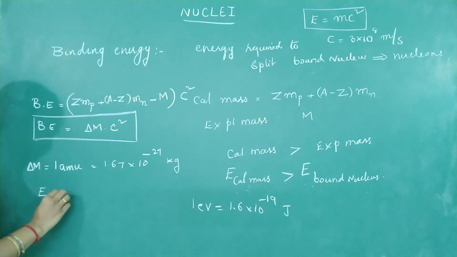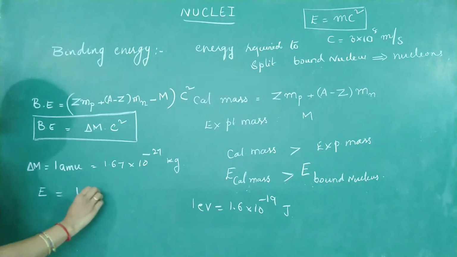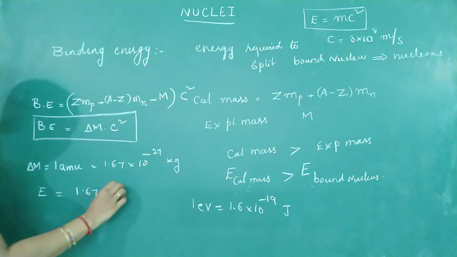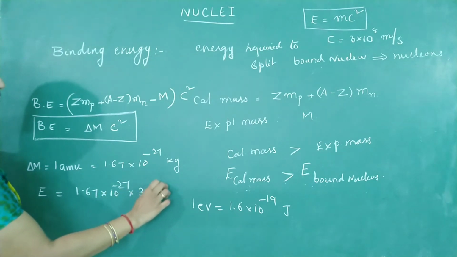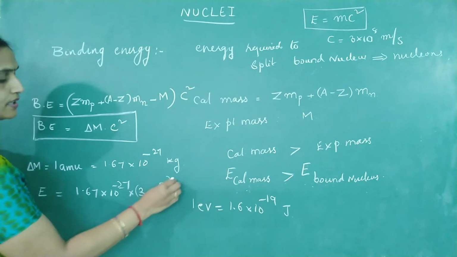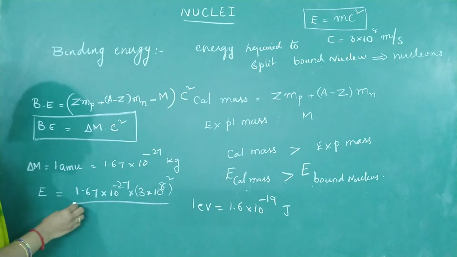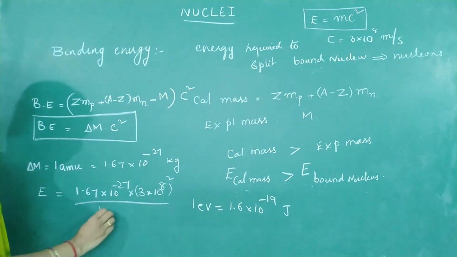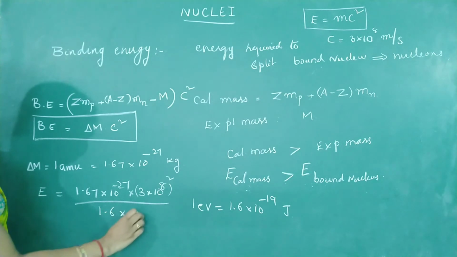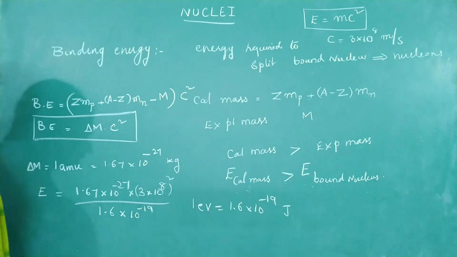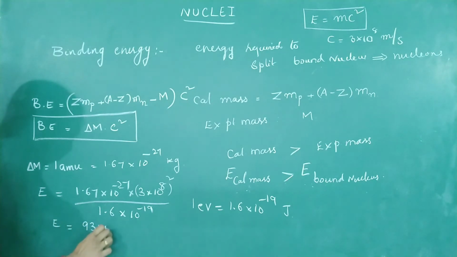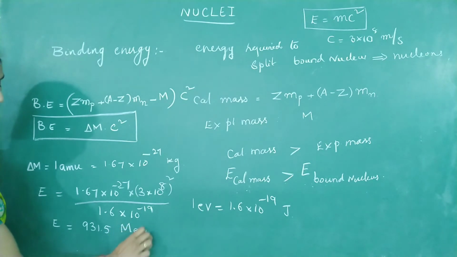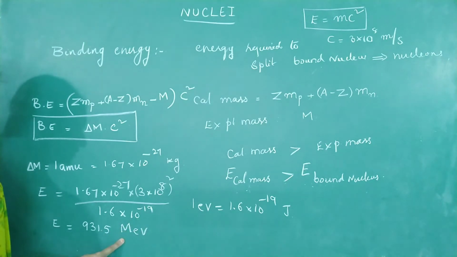E is equal to 1.67 into 10 power minus 27 into C square, 3 into 10 power 8 whole square. This gives the answer in joules, but I want it in electron volts. Divide it by 1.6 into 10 power minus 19. So when you do all this calculation, we get the energy as 931.5 mega electron volts. Okay, mega is 10 to the power 6.